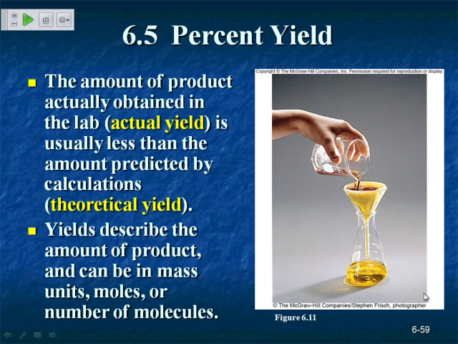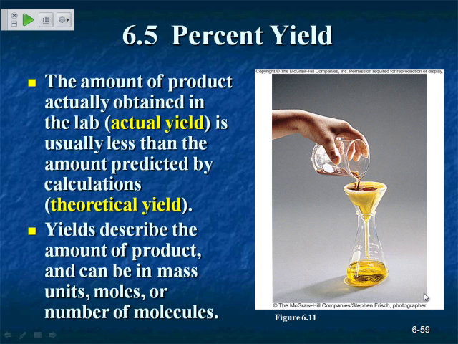When you perform a reaction in the lab and you measure the amount of product you have obtained and compare that to what you were supposed to get from the limiting reactant principle, you will always find that what you actually obtained is less than what you were supposed to get.